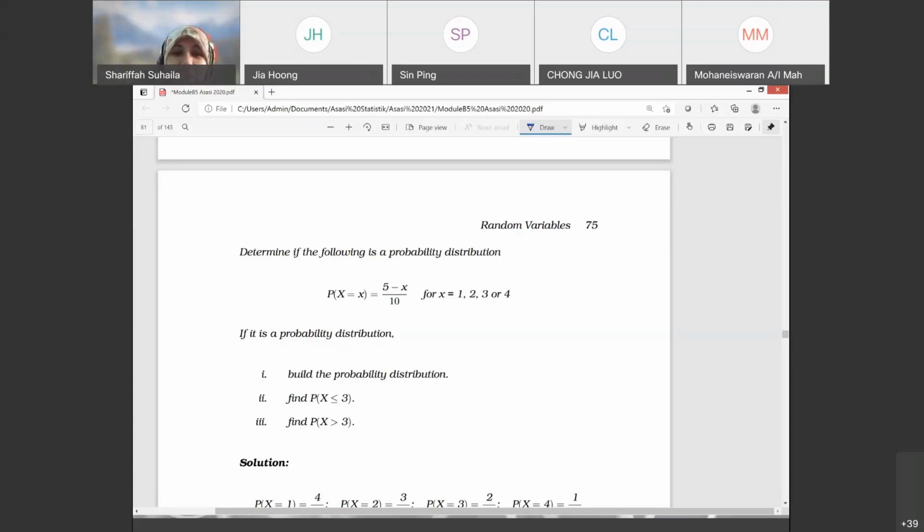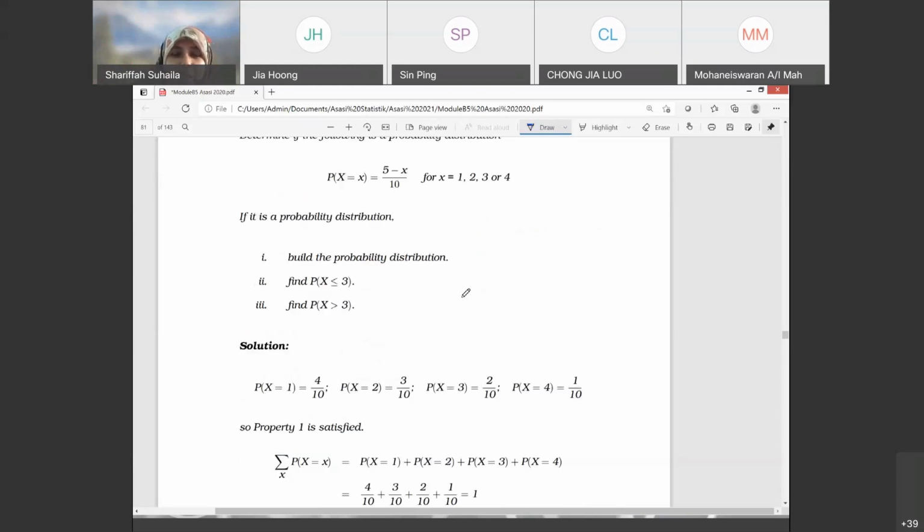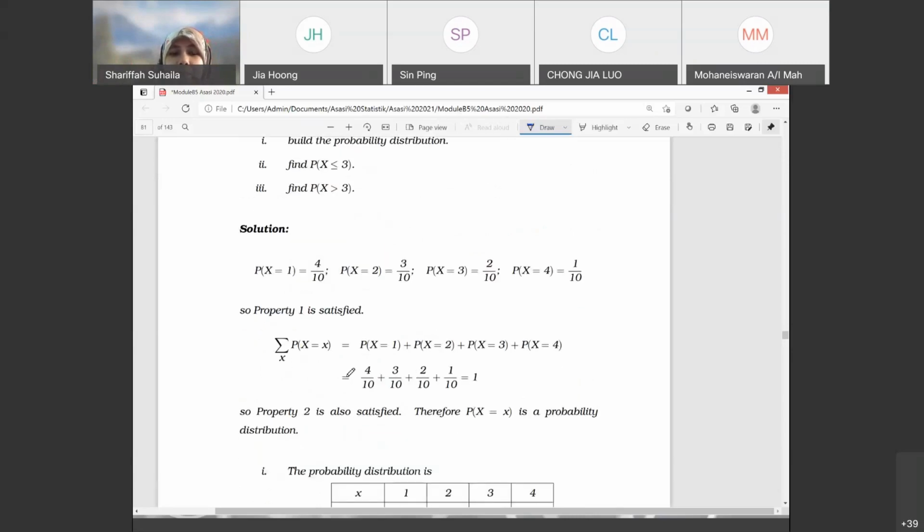Now build up the probability function. You just substitute: probability x equals 1 is (5 minus 1) over 10, so 4 over 10. Probability x equals 2 is 3 over 10. Probability x equals 4 is (5 minus 4) over 10, so 1 over 10. Then you check that the total probability is equal to 1, so property 2 is satisfied.